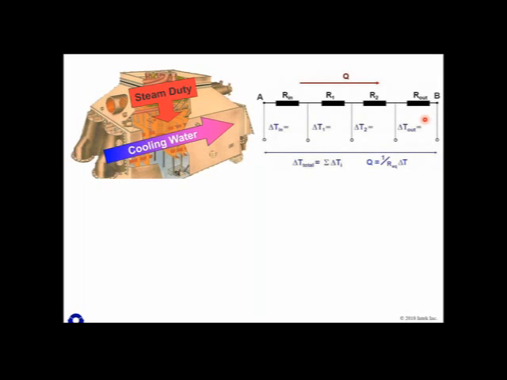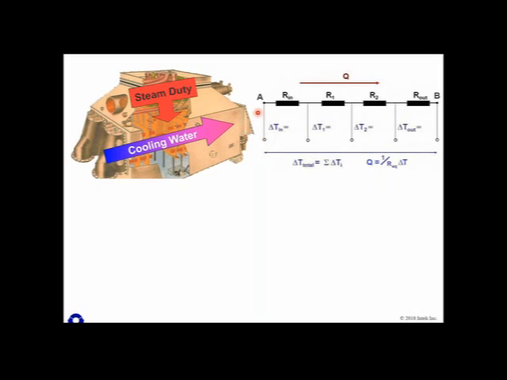It's a very simple, very basic thermal circuit. The heat transferred from point A to point B through different resistive layers, R1, R2, R out, is directly proportional to the temperature difference between point A and point B. And that equation is shown here.